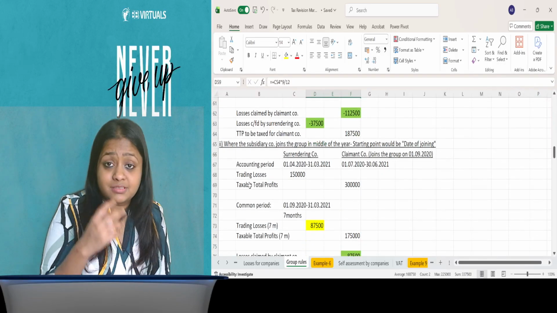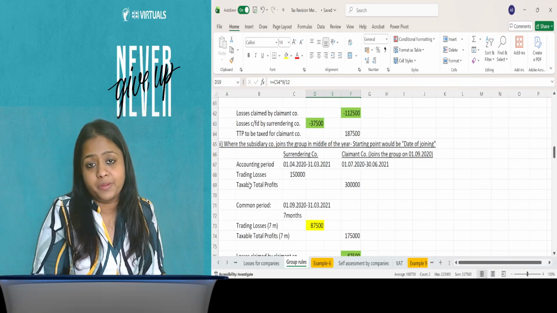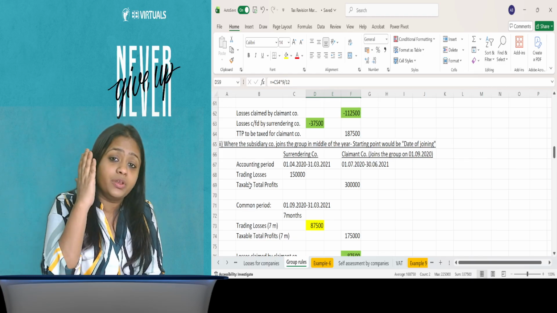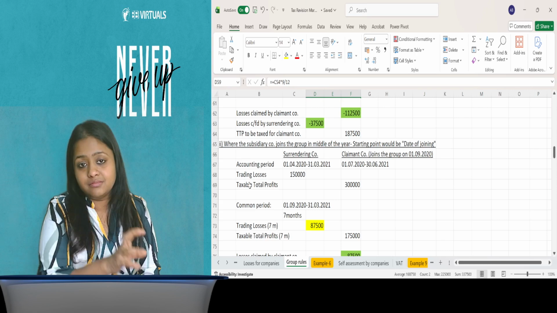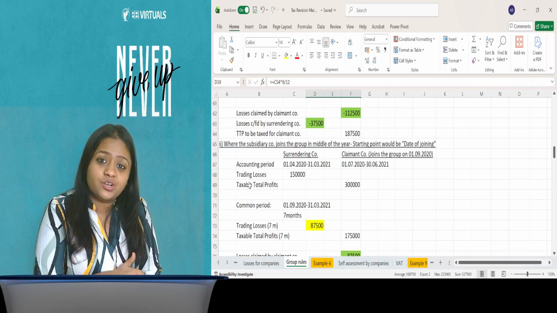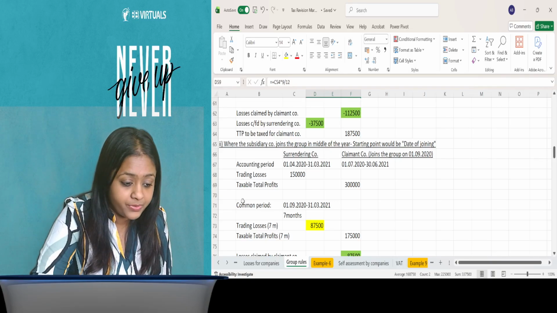So the second case is when a subsidiary company joins the group in the year. Of course you will take the common period from the date of joining till the common period ends. Clear? So you will not take from the start of the accounting period. You will take the period when the entity joins the group.